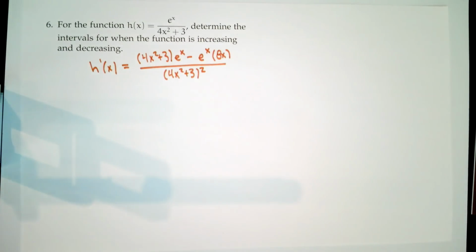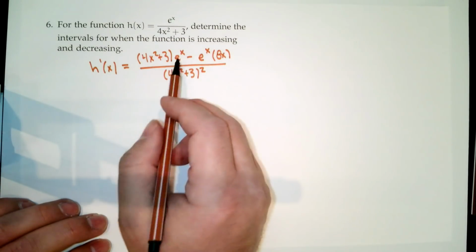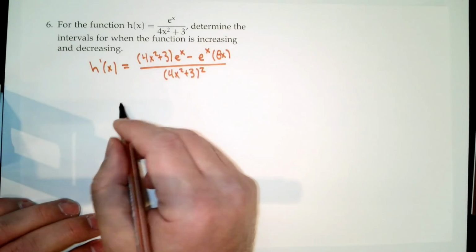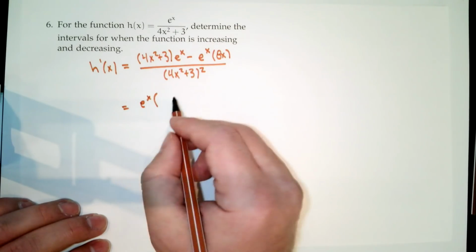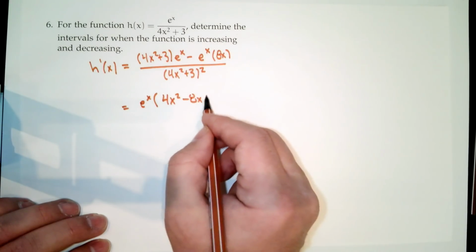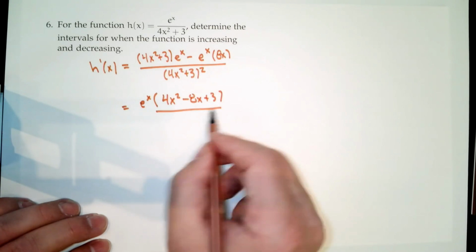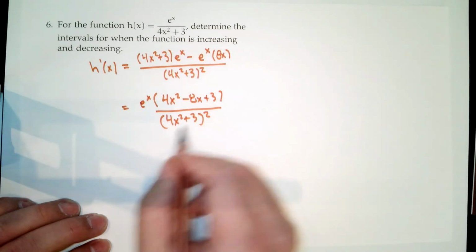In fact, everything is at least 3 downstairs. So I don't have to worry about anything from downstairs. Upstairs, everything has an e to the x, so you can factor that out. So I have e to the x times 4x squared minus 8x plus 3 over 4x squared plus 3 squared.